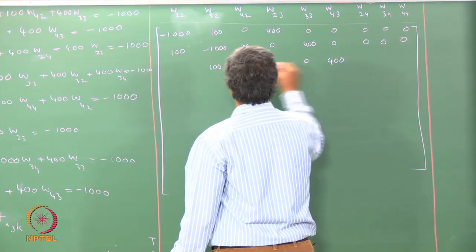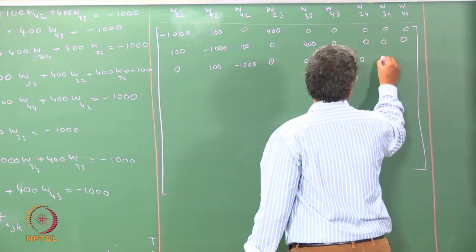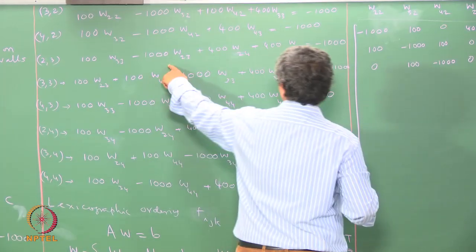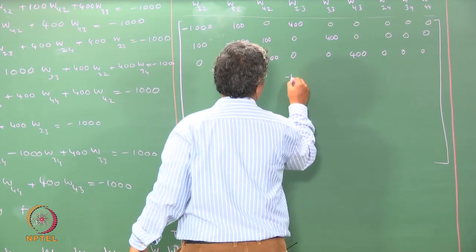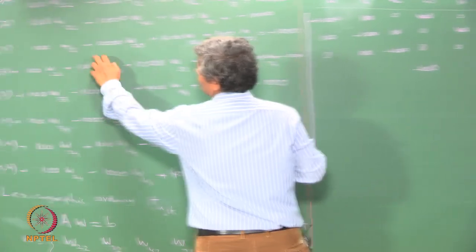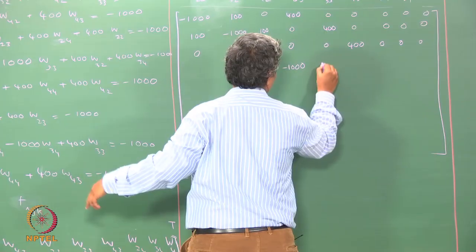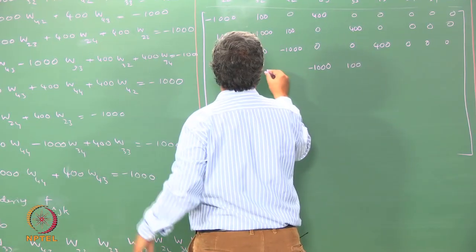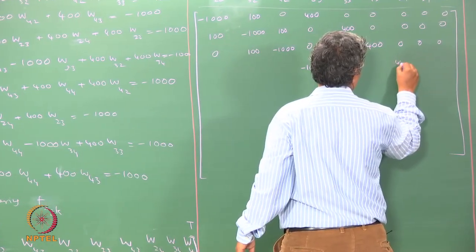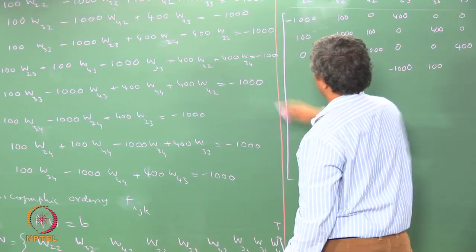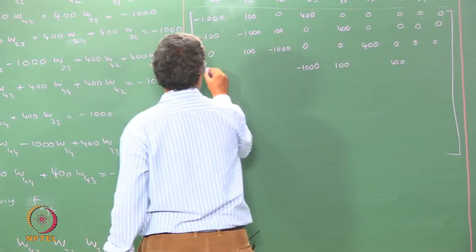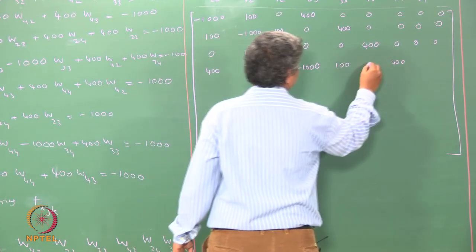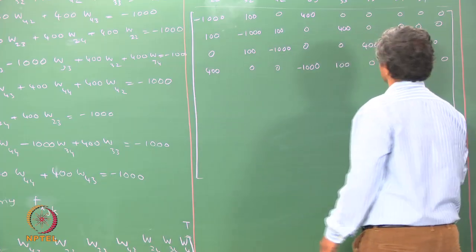And we come to this one here, W23 is minus 1000, W33 is 100, W24 is 400, and W22 is 400. The others are 0.